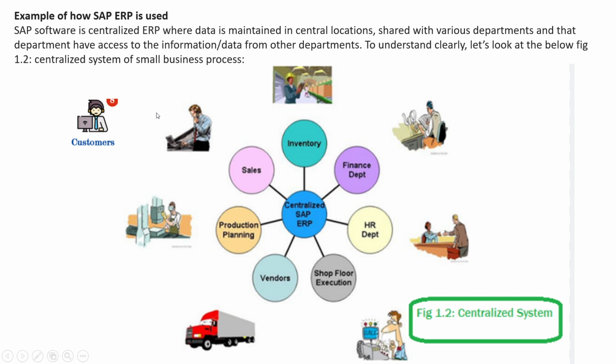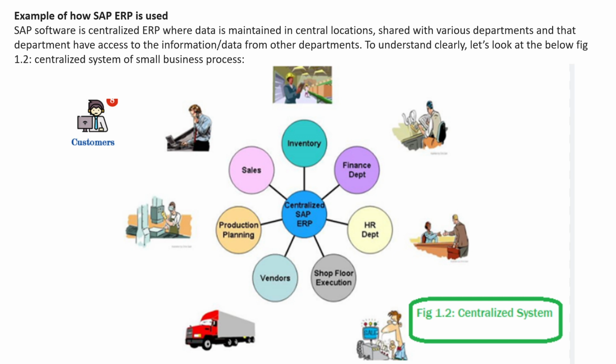Since it is a centralized process, the sales team has real time access to the product availability in the inventory, which is updated by the inventory department, so that it will increase revenue and customer satisfaction. By having real time information, the sales department can check the inventory and send the product to the customer in time.